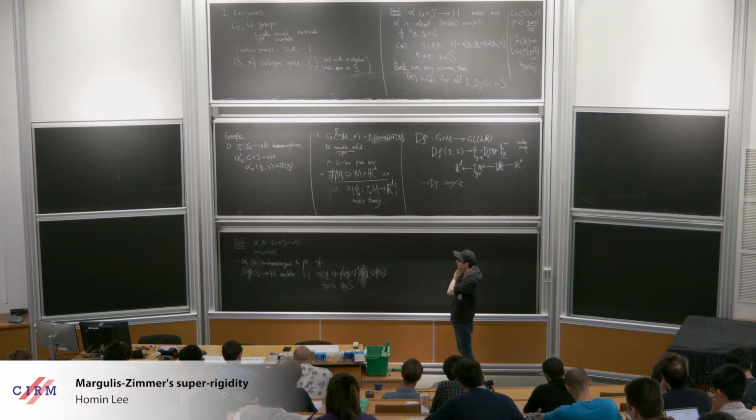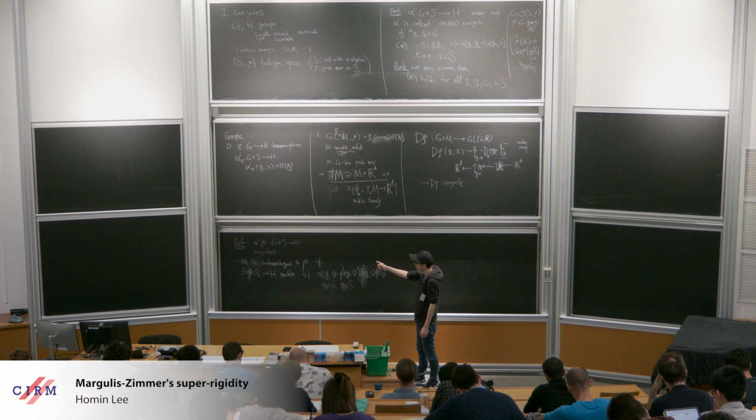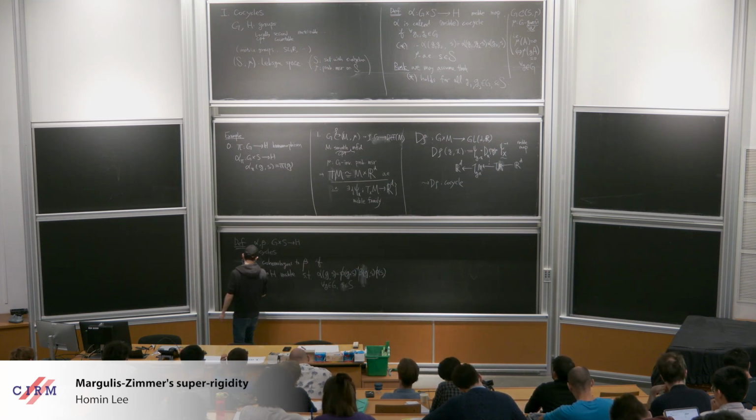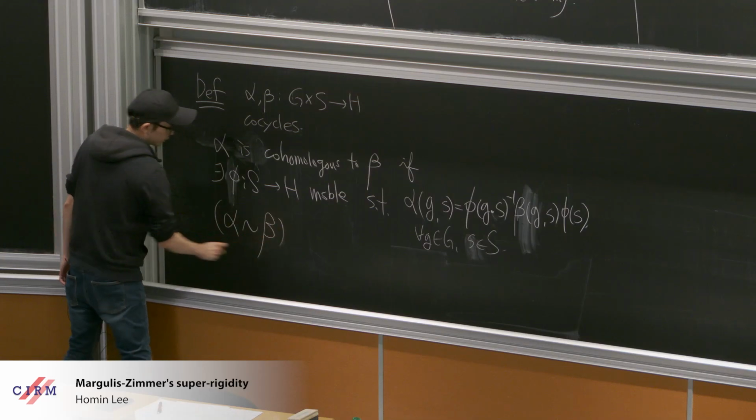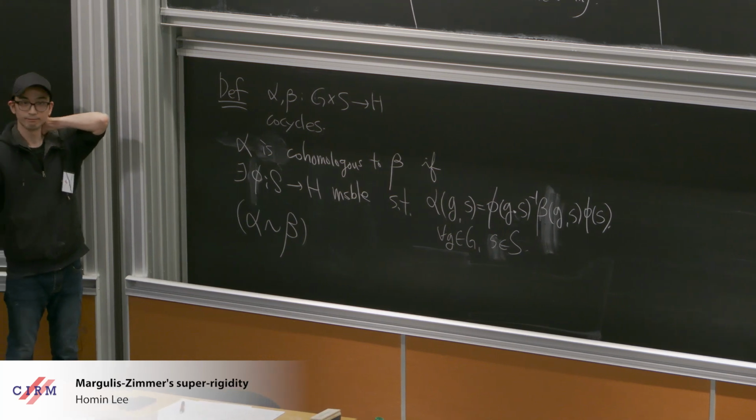So this is somehow the equivalence relation. Of course, if alpha is cohomologous to beta, beta is cohomologous to alpha. So I will denote it like this: alpha is cohomologous or equivalent to beta.